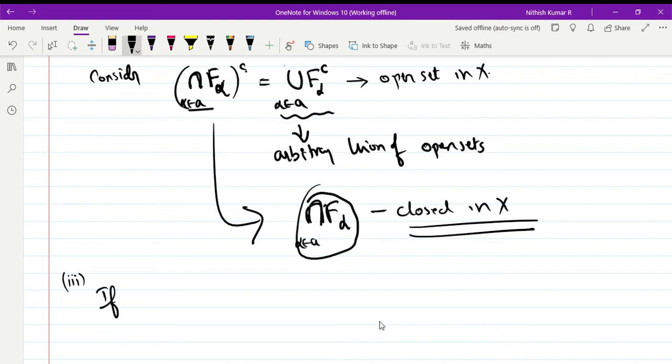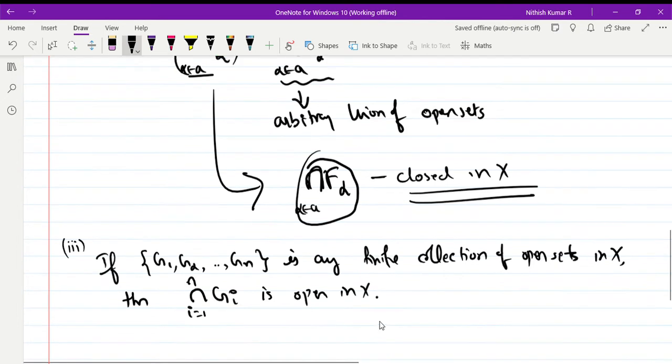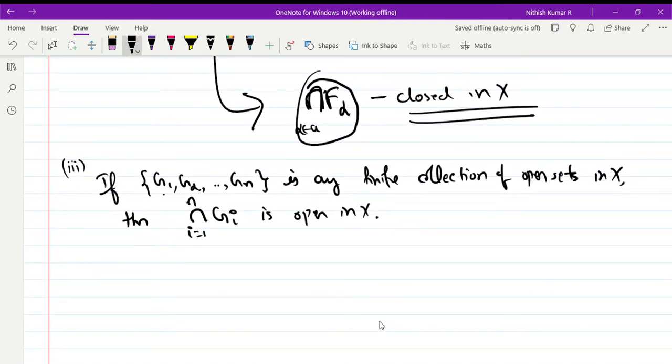If G1, G2, and so on up to Gn is any finite collection of open sets in X, then the intersection of Gi, i equal to 1 to n, is open in X. This means this is a finite collection of open sets, so it is a finite intersection.